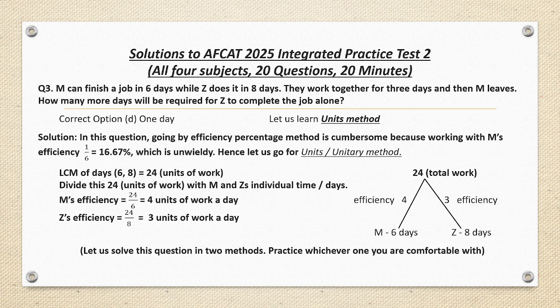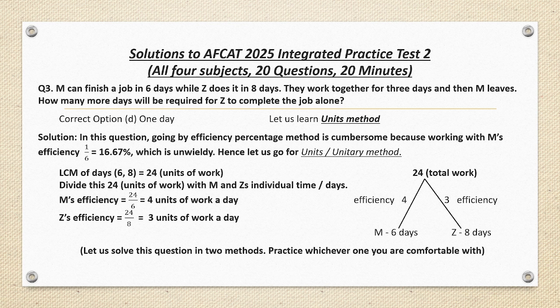First of all, we'll have to take the LCM of the individual days. That is 6 and 8, which is 24. So this 24 is the total units of work to be done by M and Z. Right.